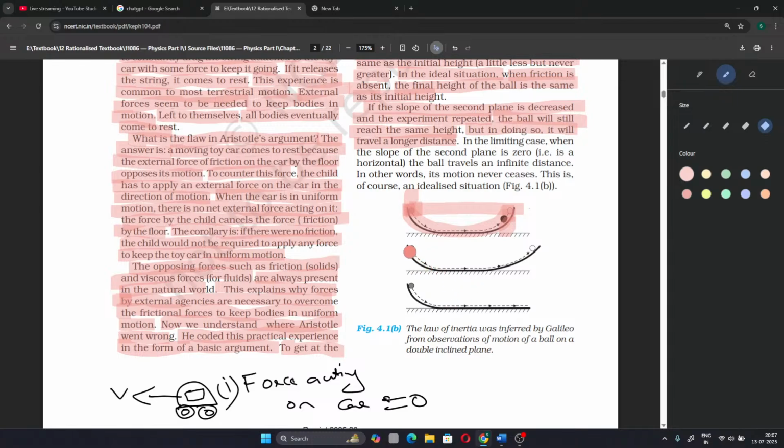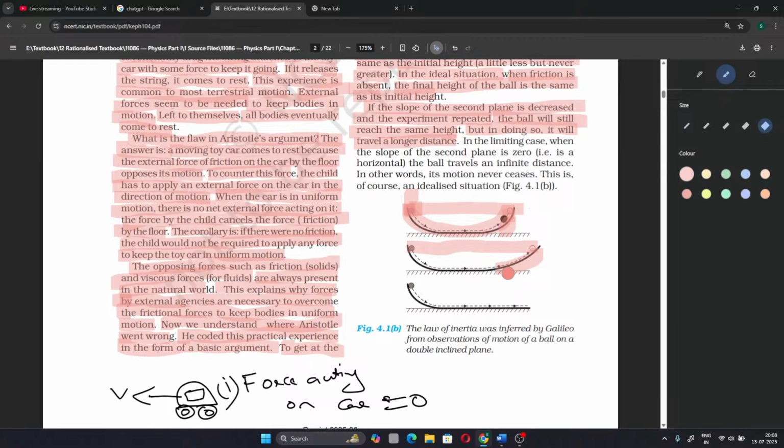In one more case, where the slope on the left hand side is greater than the slope on the right hand side, which is a lesser slope, when we release a ball in a perfectly ideal, frictionless world, it will still reach the same height.